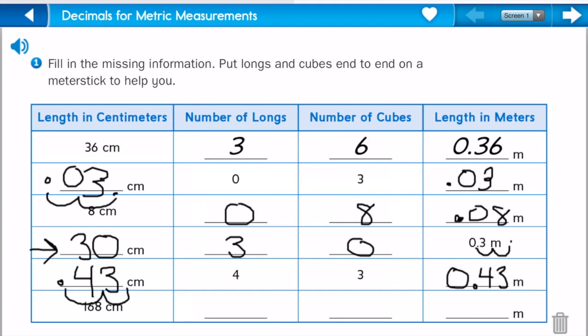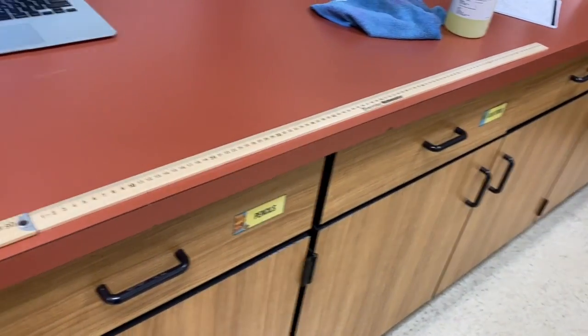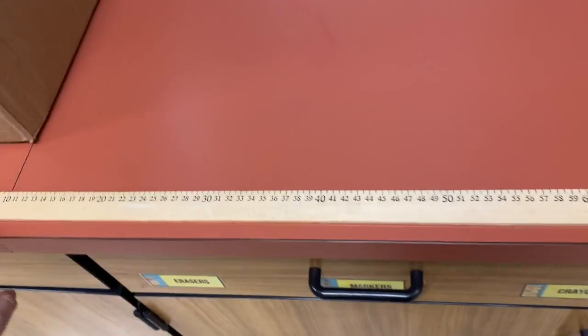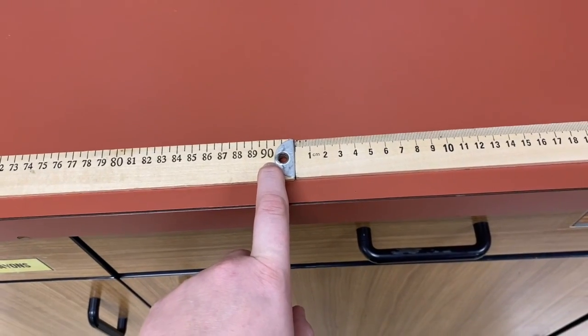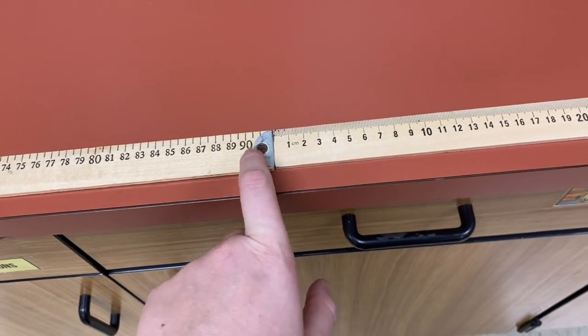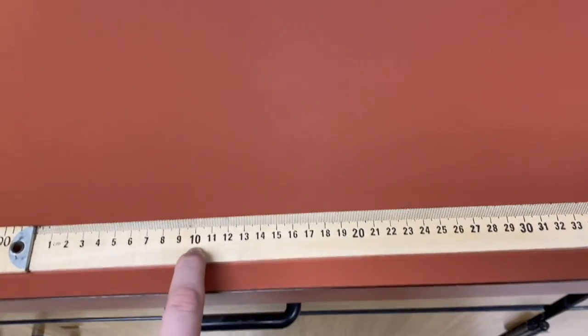Now, our next line tells us that we have 168 centimeters. So I had to take 2 meter sticks and line them up so that I could have that many centimeters. 1 meter stick goes all the way to 90. So if we move over 10, here we have 100.